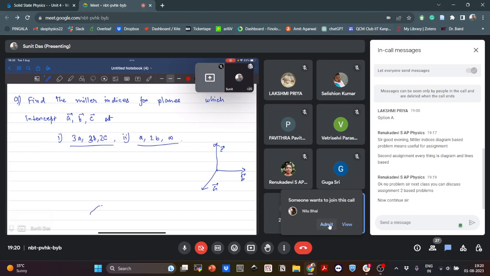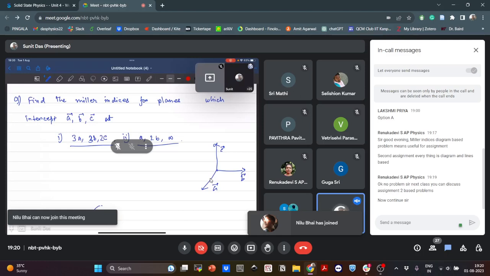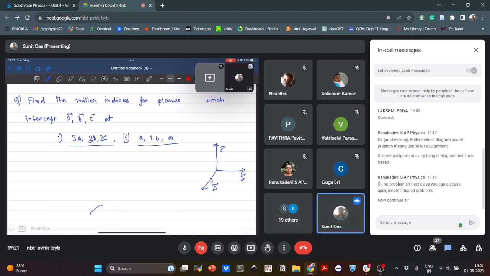Miller indices lectures are there in week two, most likely. So please try to solve these two problems. I think this will clear the concept more about the Miller indices. So please try to attempt this and I'll solve this.